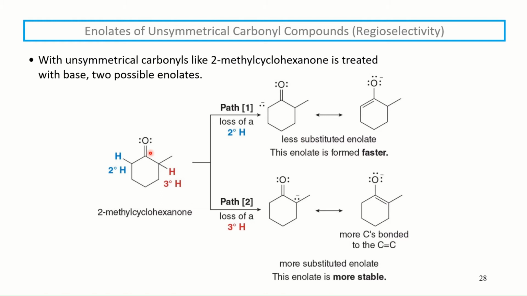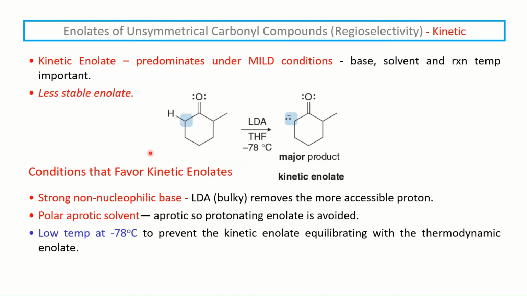Of course, from the chemistry that we know from the past, this most easily accessible species is our kinetic species. And the more substituted enolate is the more stable species, your thermodynamic product. The kinetic event predominates under mild conditions.